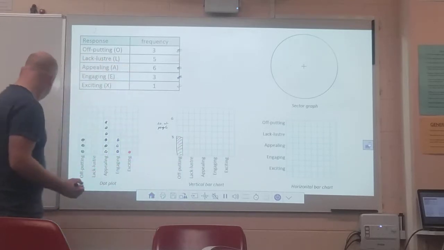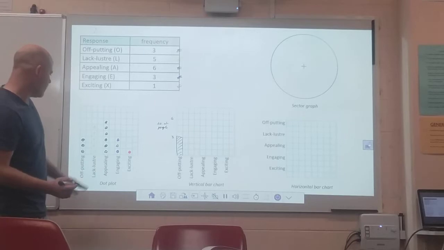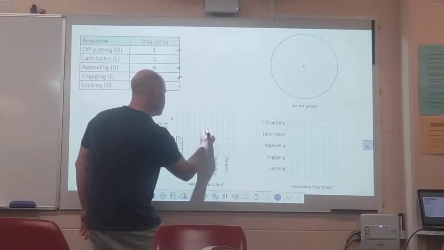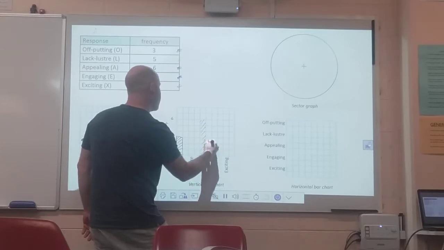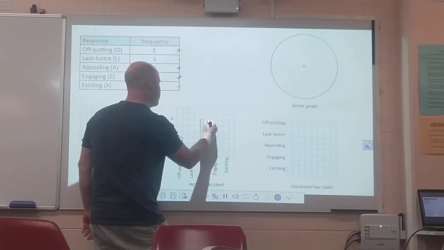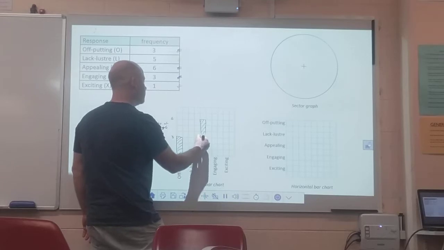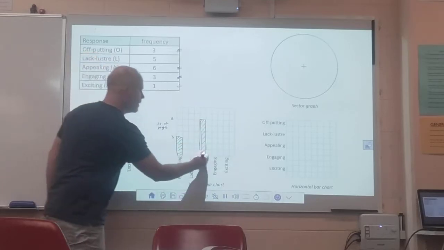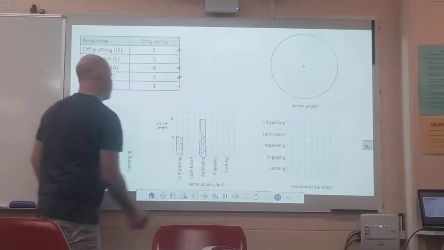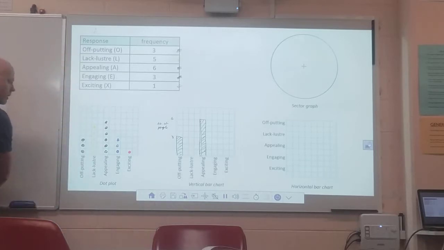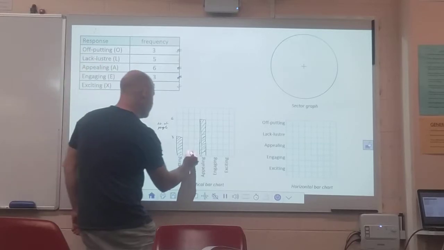Appealing, we have 6, so right up to here. We colour that in, shade it in, and then complete that by framing the boxes. Lackluster had 5.